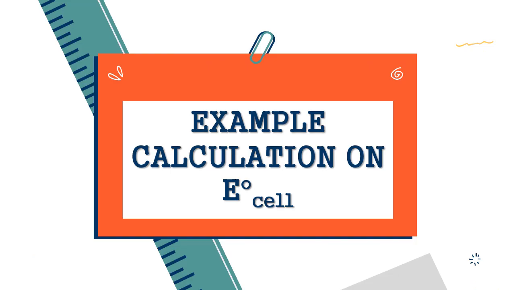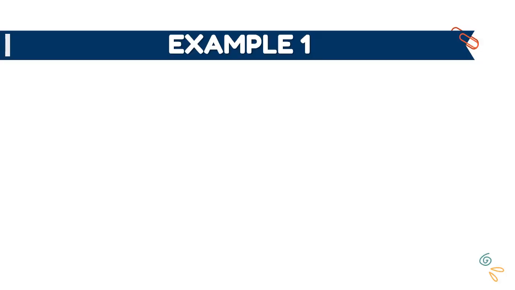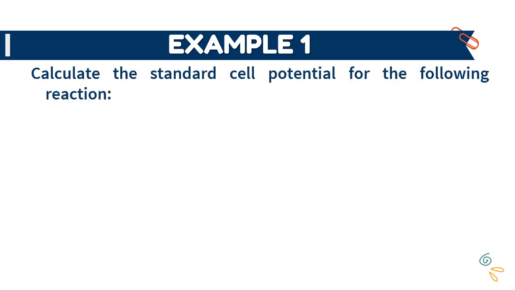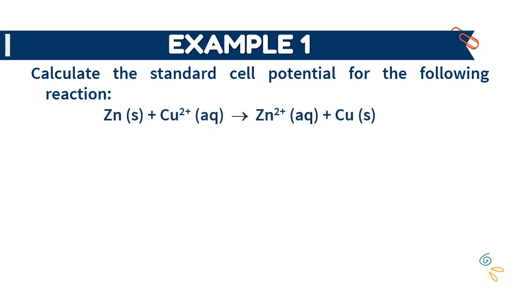So let's take a look at some example calculations of the E0 cell, a very simple calculation. Example 1: calculate the standard cell potential for the following reaction. The reaction that I have is zinc solid plus copper 2 plus aqueous to produce zinc 2 plus aqueous plus copper.